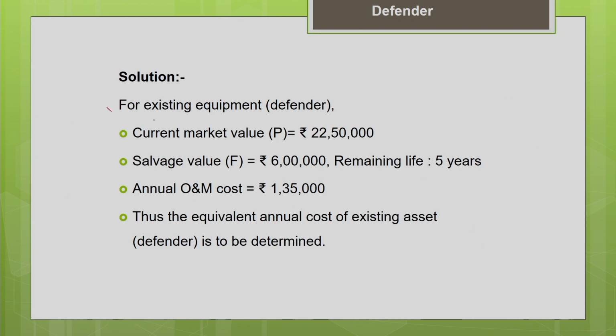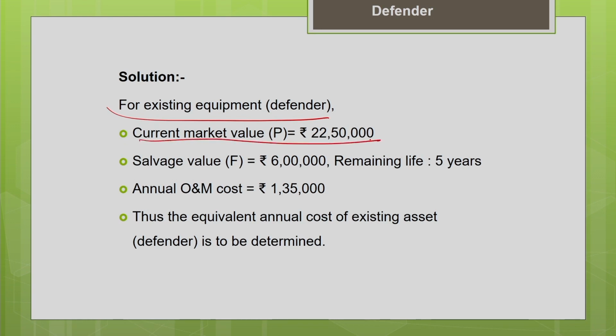Now, for the existing equipment, that is the Defender, what is relevant in the replacement analysis? Let us see that. Current market value is 22 lakh 50,000. This is the first cost of your Defender. This is what we are going to consider: the current trade-in value of the machine in the market.